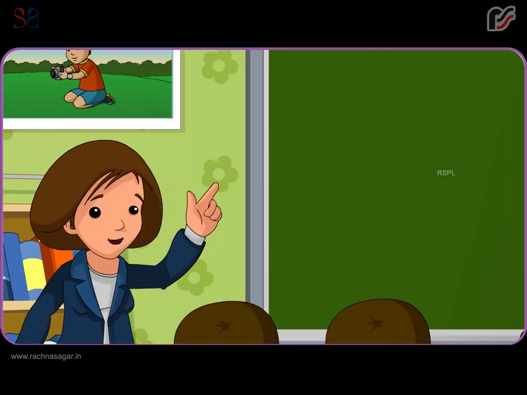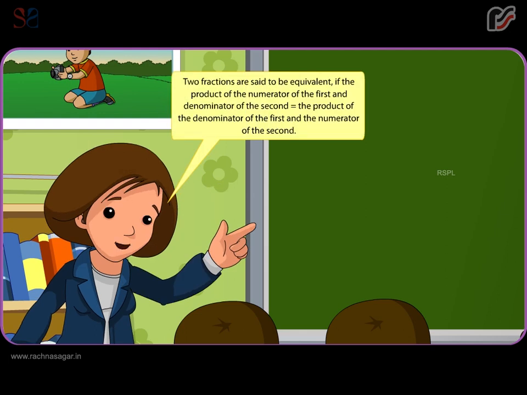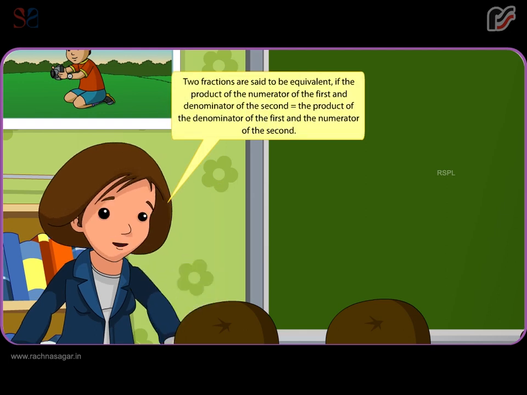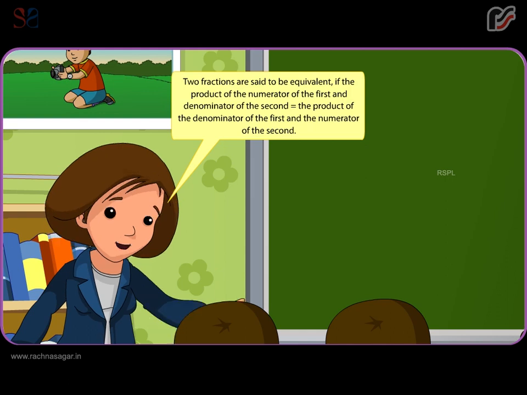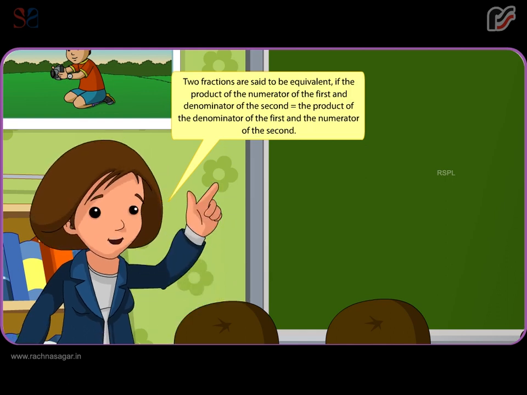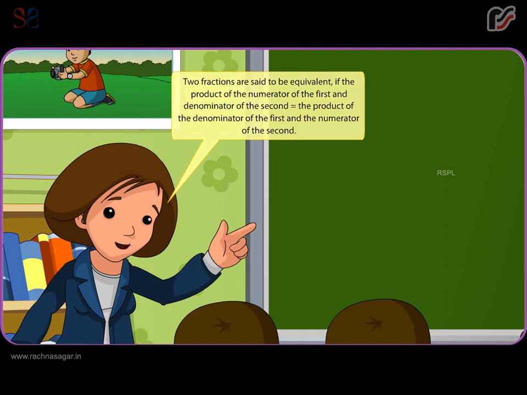Equivalent fractions. Two fractions are said to be equivalent if the product of the numerator of the first and the denominator of the second is equal to the product of the denominator of the first and the numerator of the second.